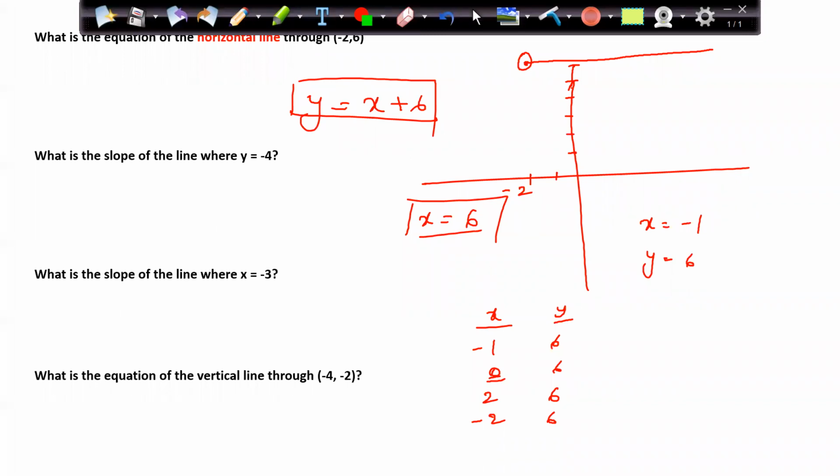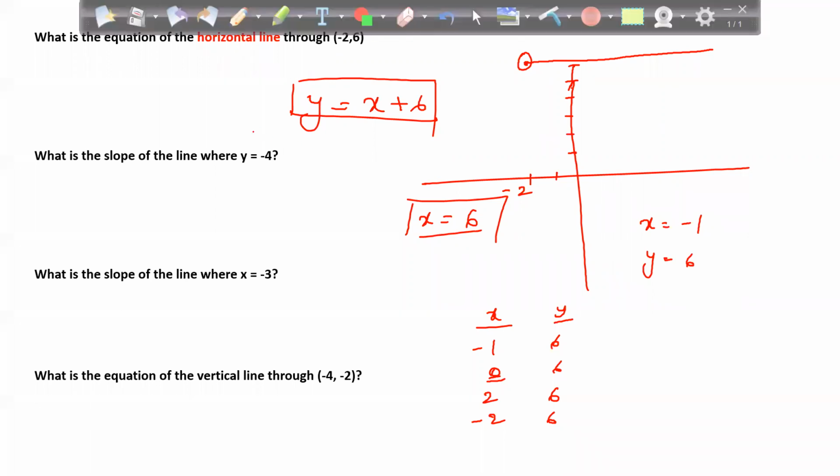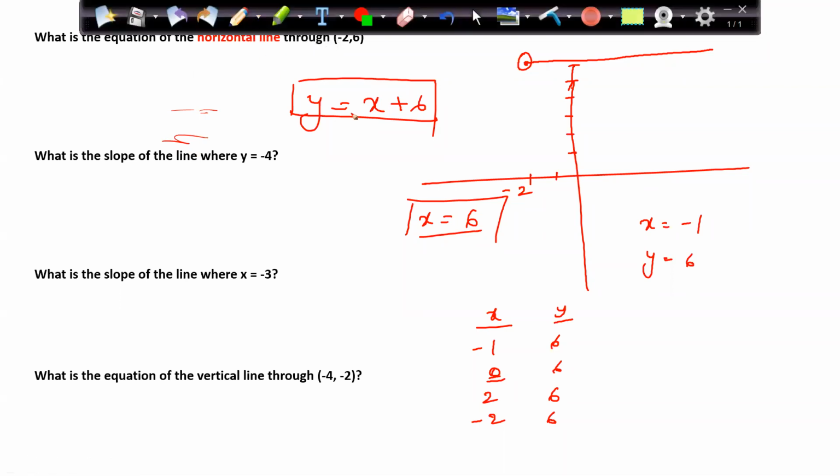What do you think, guys? Any value of x, what is the value of y? 6, right? So can I say my equation of the line is y equal to 6? All of you.